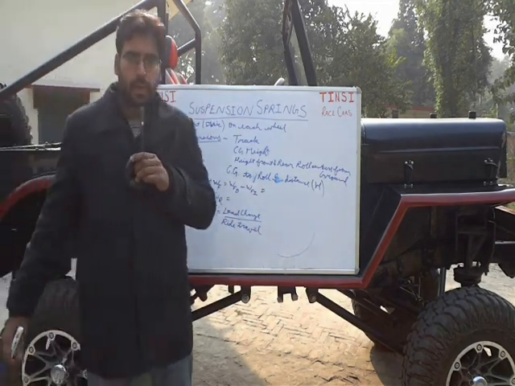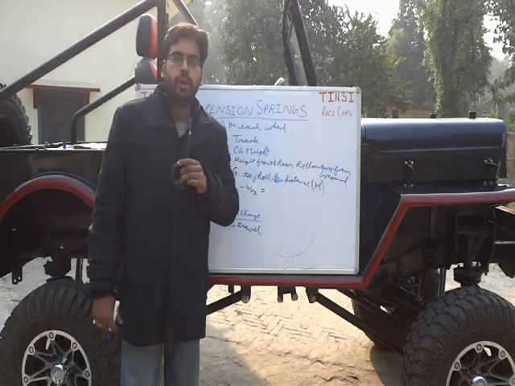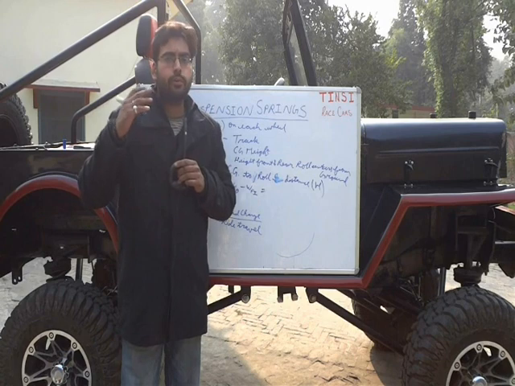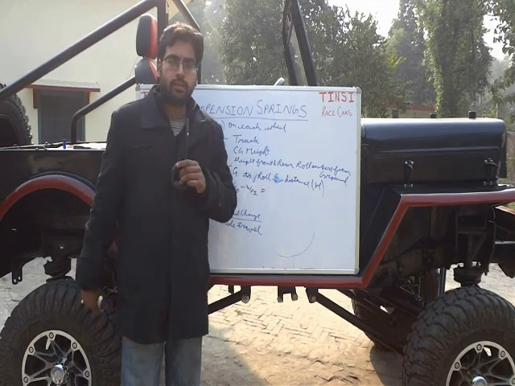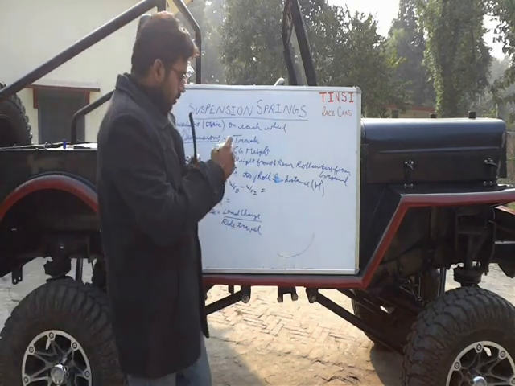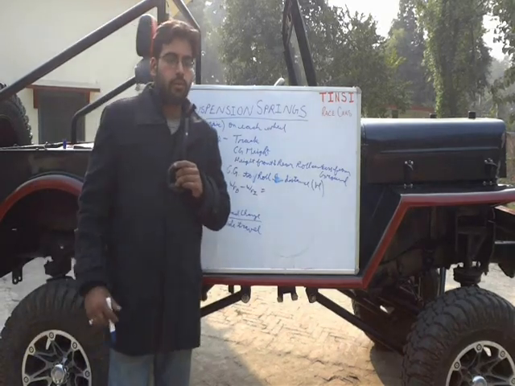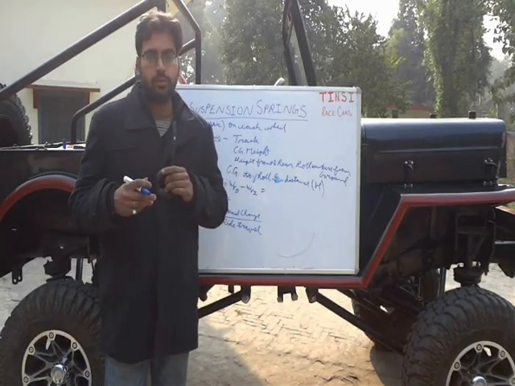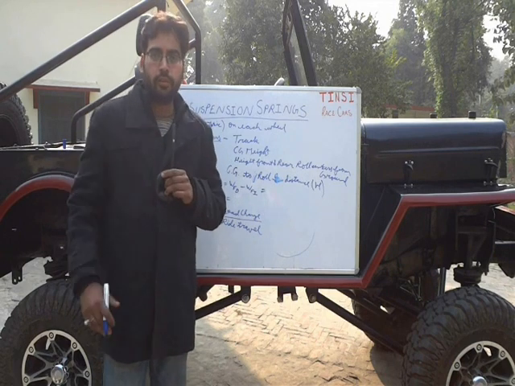In Formula cars, for Formula SAE and BAJA, we generally require around 2 inches of travel in a Formula car, or you can go for 1 inch also, and for BAJA we require 10 to 15 inches. The particular point here is that you don't want your suspension arms to hit the bump stops in your complete range of travel.